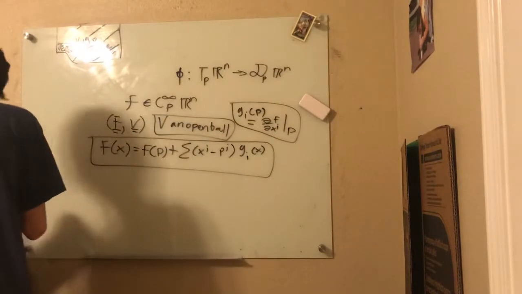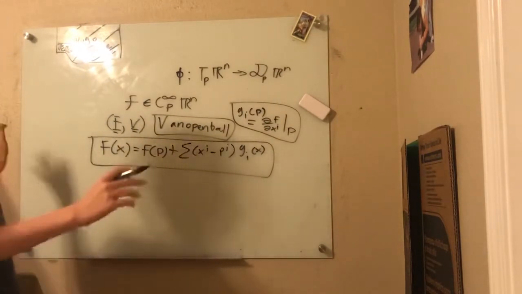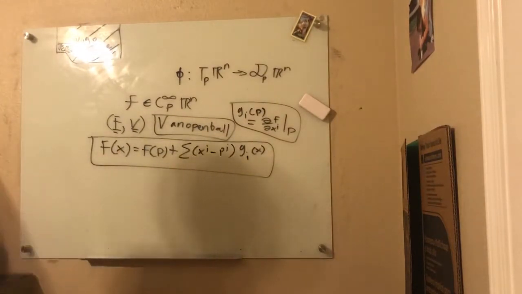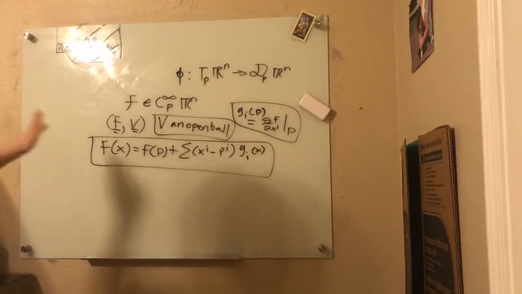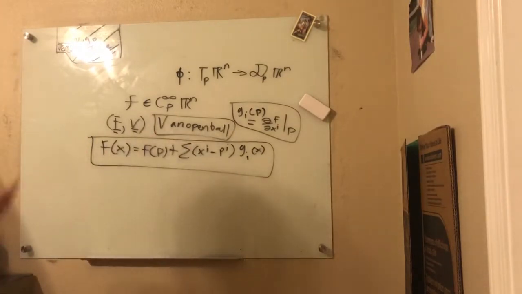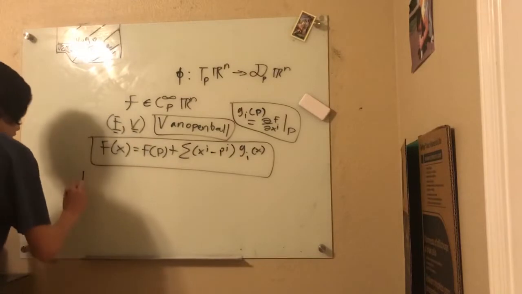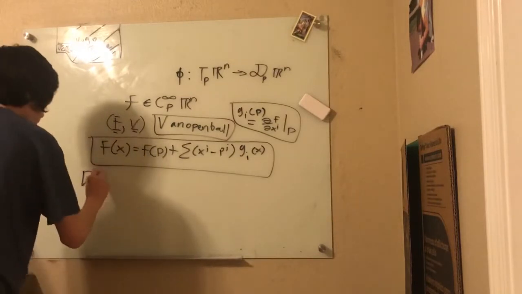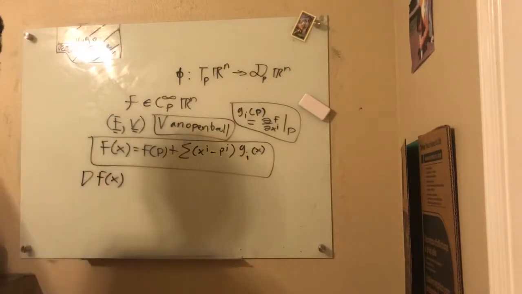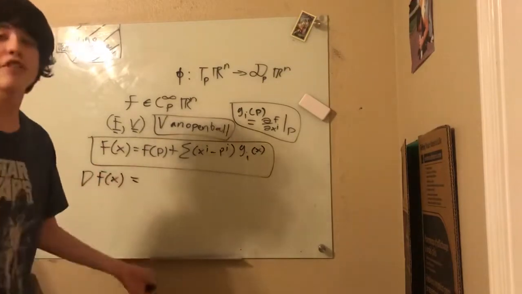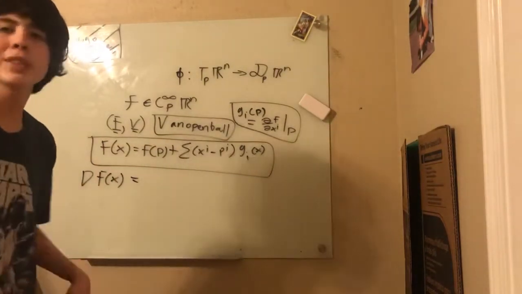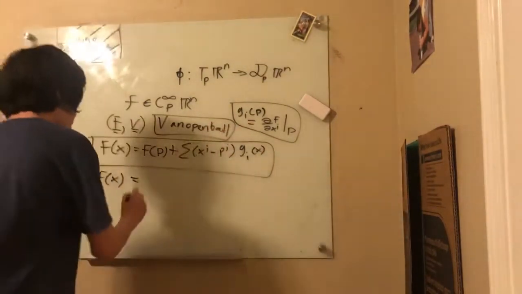It makes sense, so trust in the theorem. I'm not going to explain why. So we take the derivation of this function. The derivation of f of p is just going to be a constant. What's the derivation of a constant? 0, right?